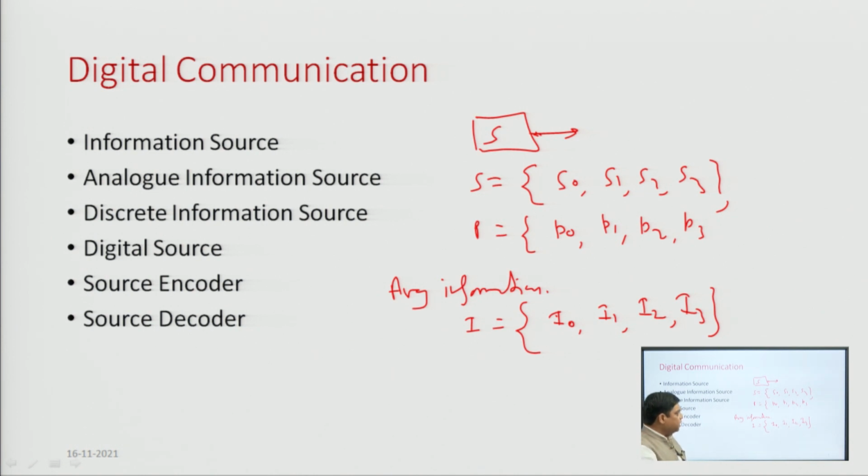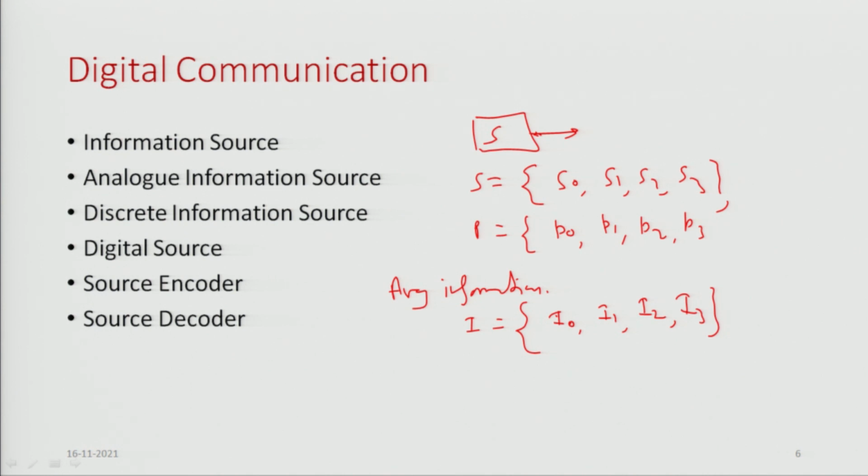The information contained in each symbol depends on its probability. Basically, you may say it is the uncertainty contained in each symbol. We can take some examples of this.